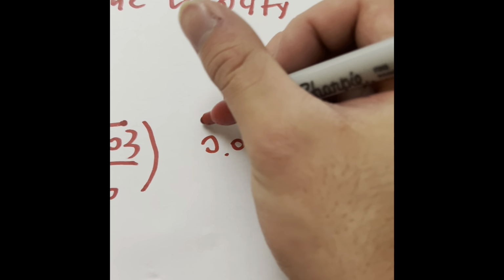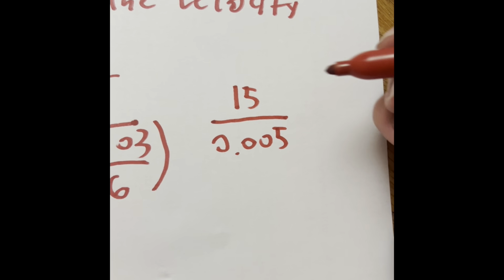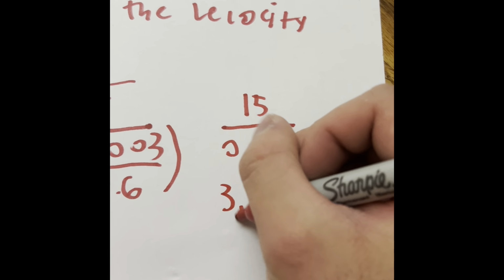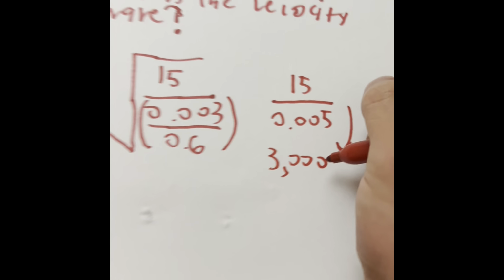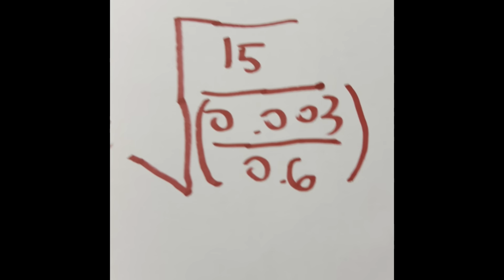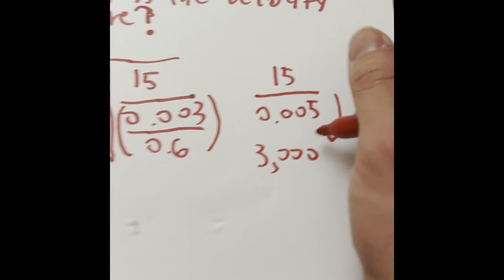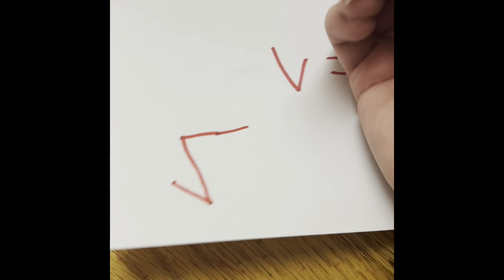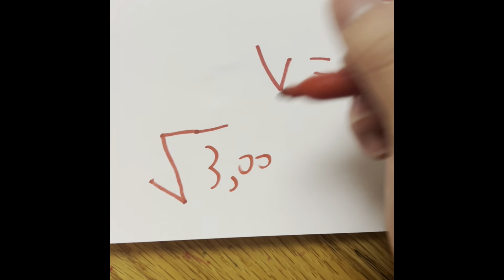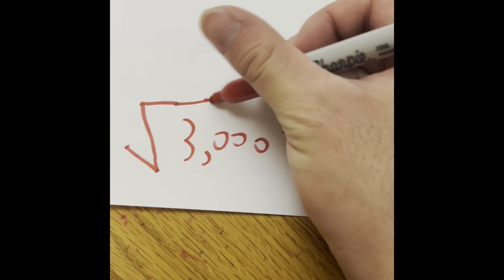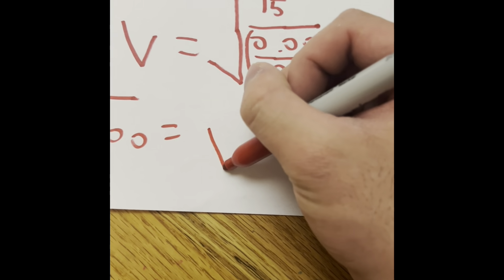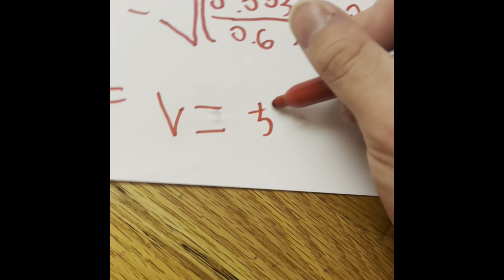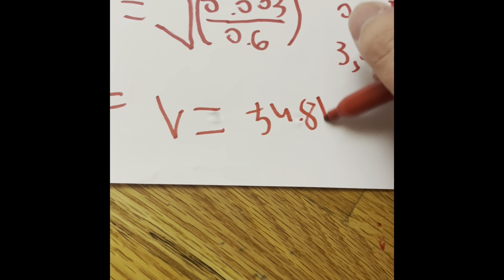Then we have 15 divided by 0.005, and you get an astonishing 3,000. But we still are not done yet. We have to use that gigantic square root. The square root of 3,000 gives us a velocity equal to 54.8 meters per second.